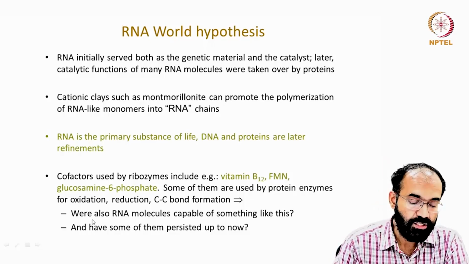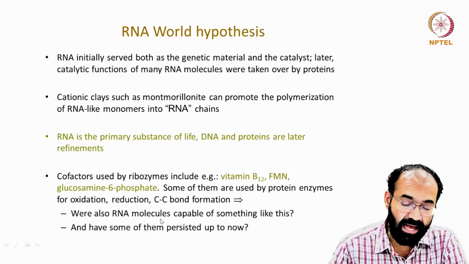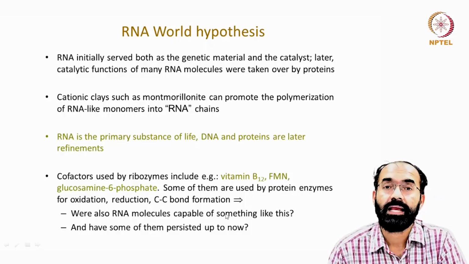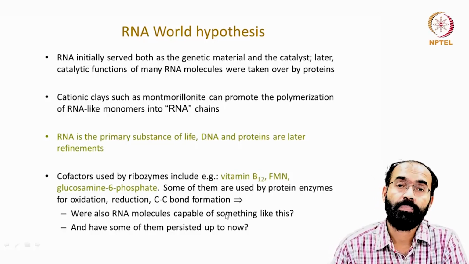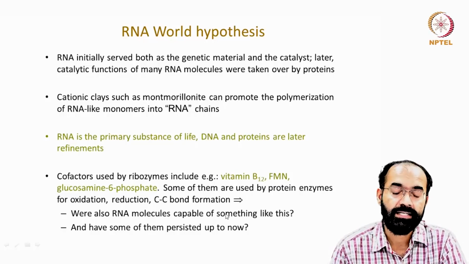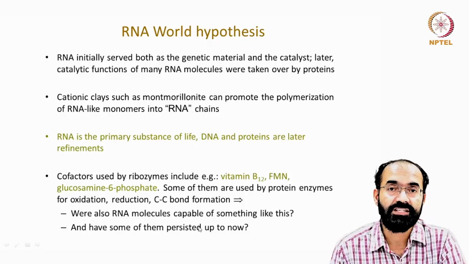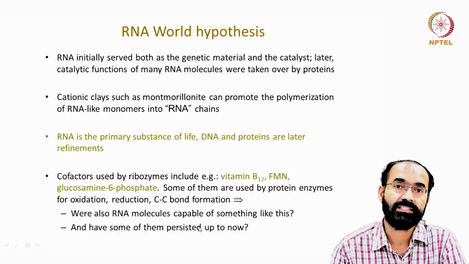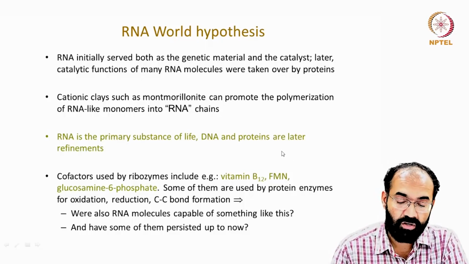Were there several RNA molecules capable of something like this? The answer is yes. There are plenty of such RNA molecules that utilize cofactors, and a lot of them persist even today and perform the task in a more or less similar fashion.